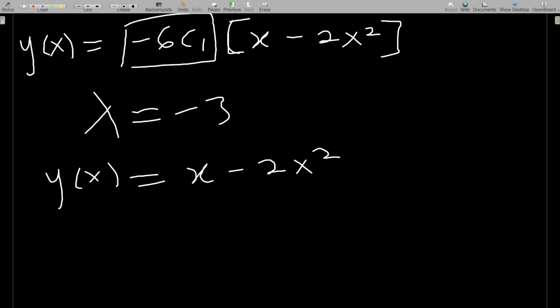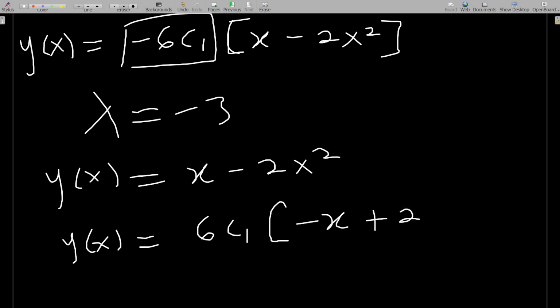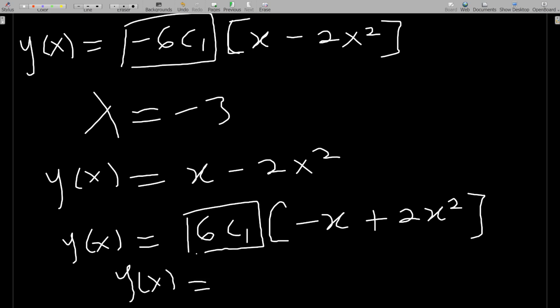Or you can also go ahead and say that y of x is equal to, now factoring 6 c1 out, minus x plus 2x squared. I hope you get this. So if you factor only 6 c1, you can take this c1 as your constant, and you get another eigenfunction given as -x plus 2x squared. You see that since we have repeated roots, we are getting 2 eigenfunctions.